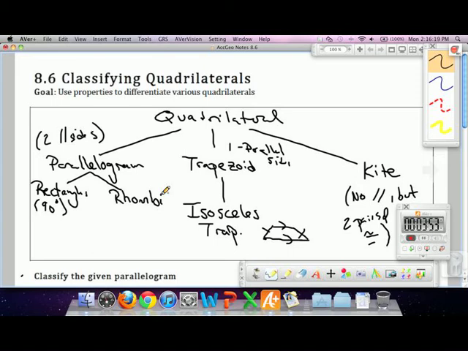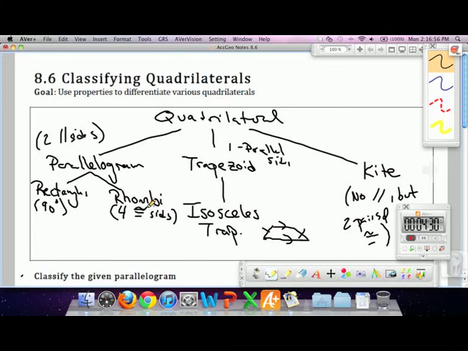What made a rhombus a rhombus? Brett? A rhombus is a rhombus if it's a parallelogram with 4 congruent sides. Thank you. A rectangle is a rectangle because it is a parallelogram that has 90-degree angles.